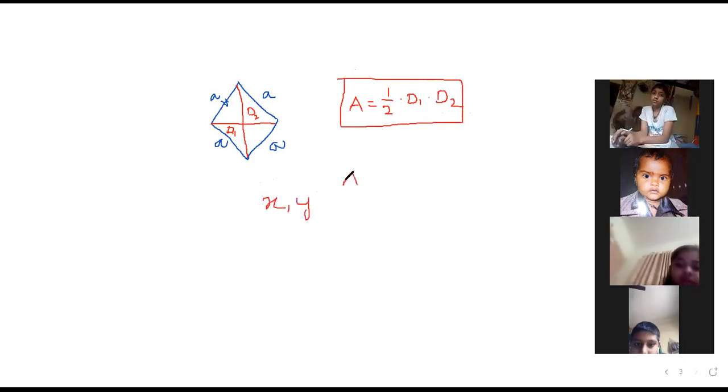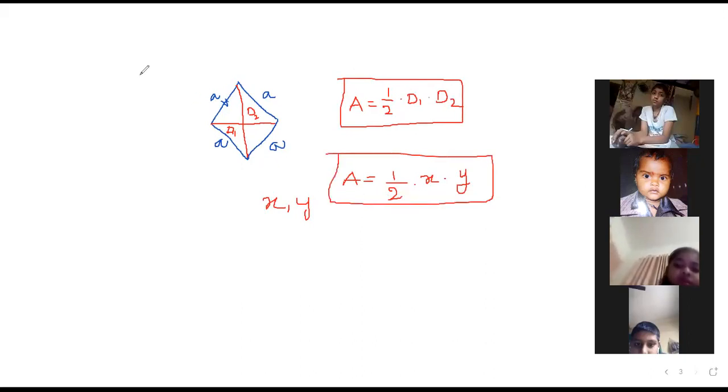Then my formula changes to half into x into y. That is option number 4. This is called a rhombus.